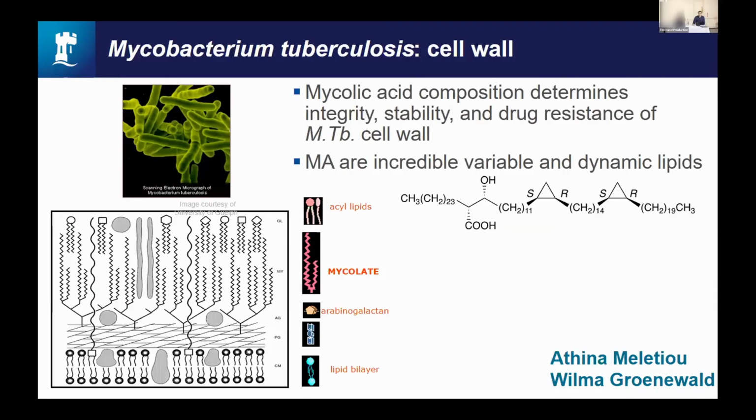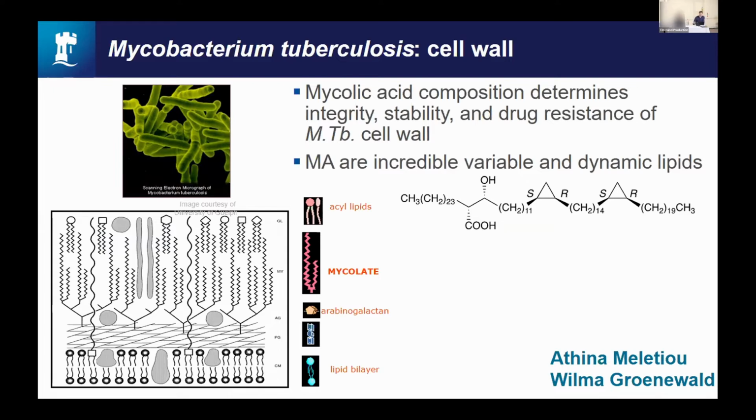And now I want to go to the example about our highly dynamic systems, and from this boiler, you might already see it might not work that well here. So what I'm talking about here is mycolic acids.